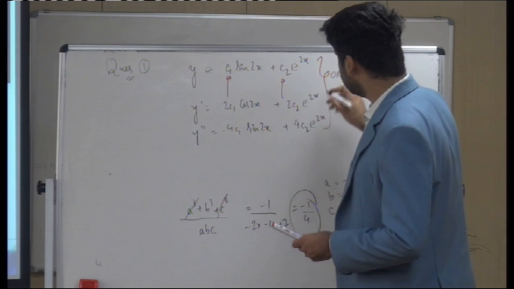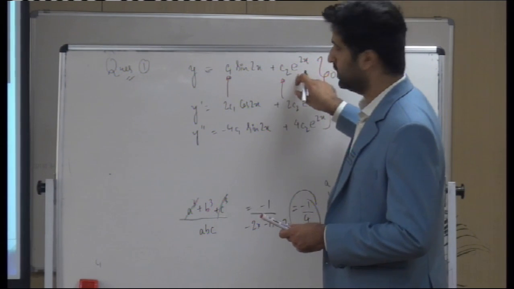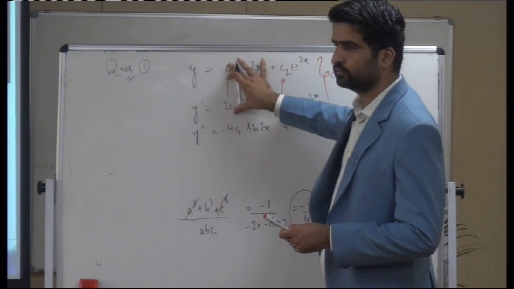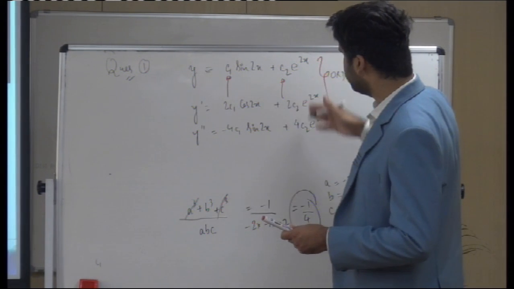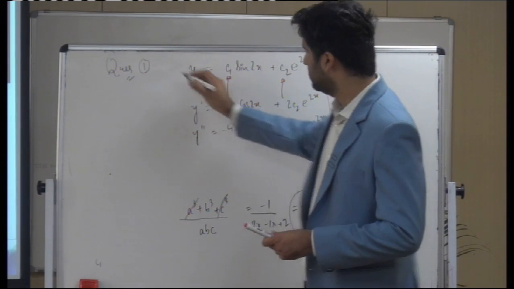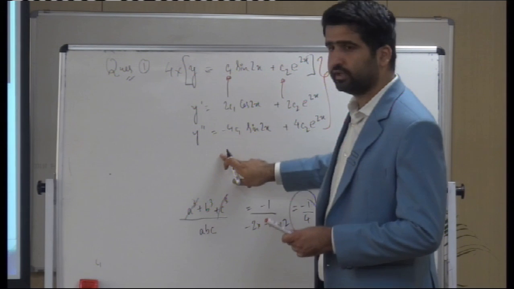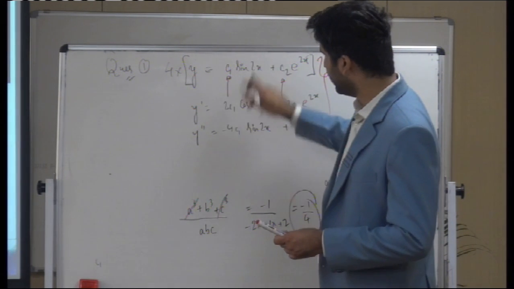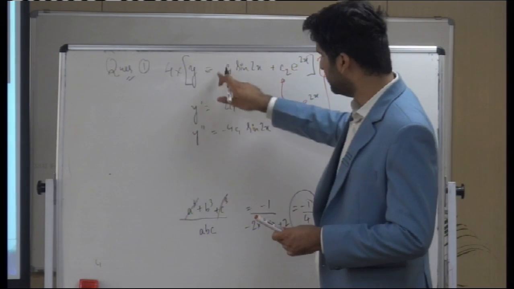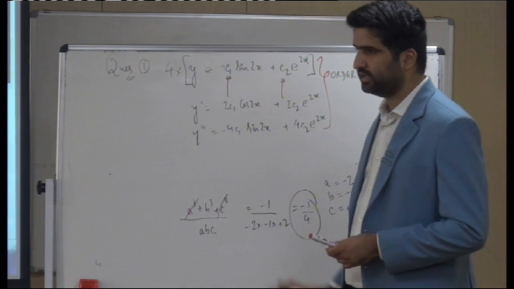What we can do is multiply this equation by 2 and then subtract these two equations, so we'll get the value of c1. And how to get the value of c2? Let's suppose I multiply this by 4 and then add the first and the third equations. This will cancel out, and I'll get the value of c2 itself.